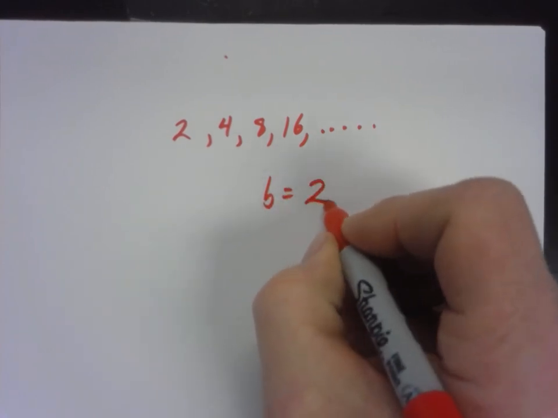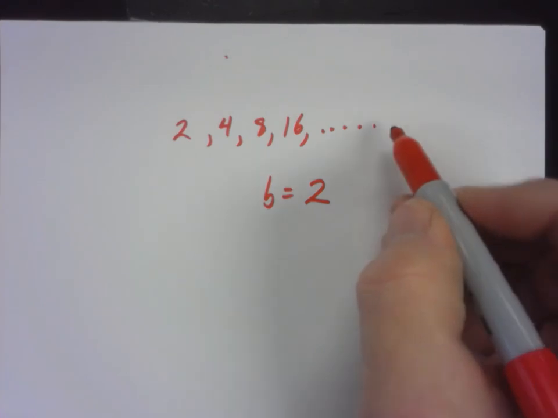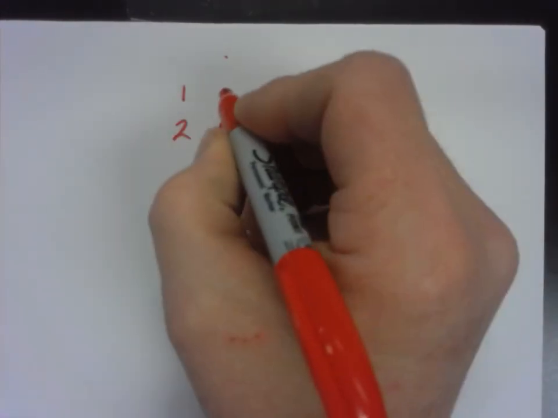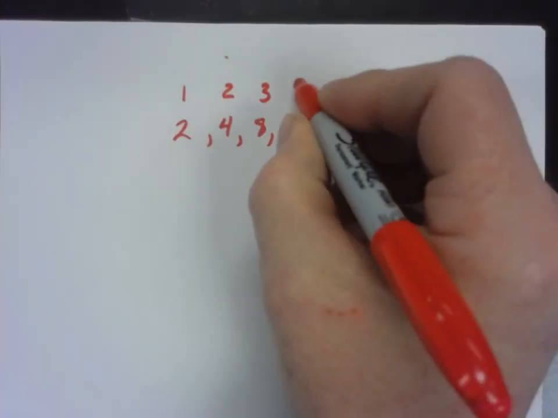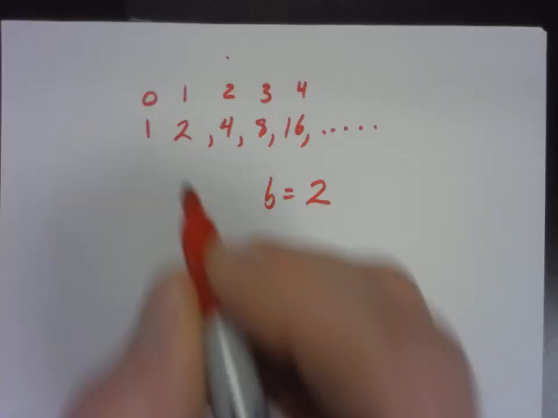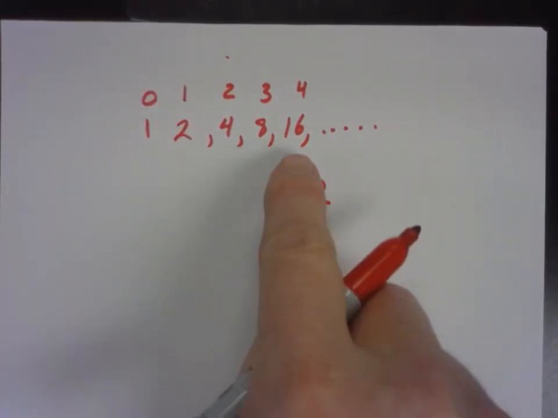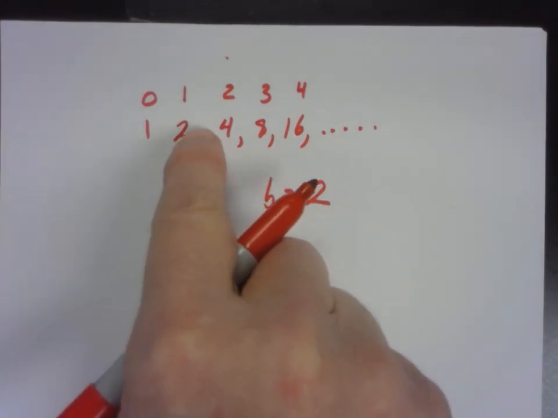The common factor is 2. And remember, whenever we look at a series like this, we say this is term number 1, term number 2, term 3, term 4. What is term 0? 1. It's 1. Be very, very careful. It's not 0, is it? It's 1. So see how we're dividing by 2 each time we go backward the other direction?